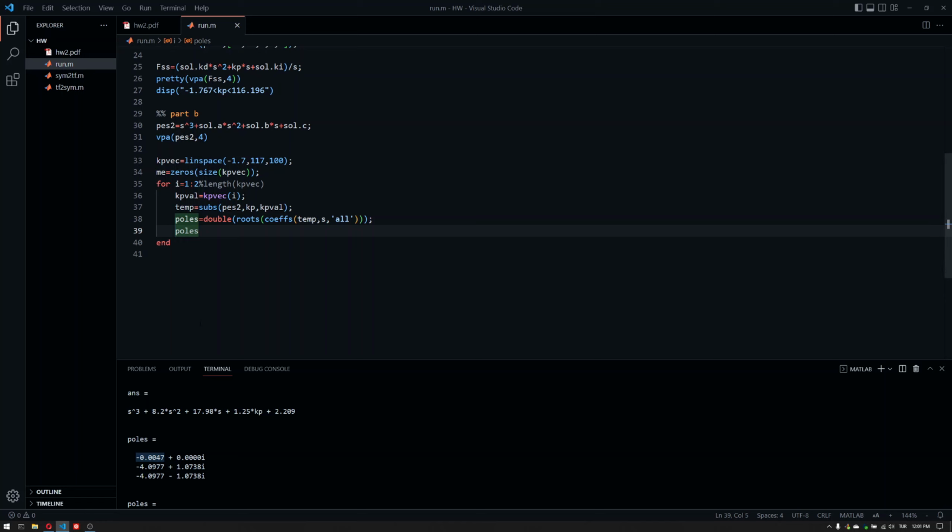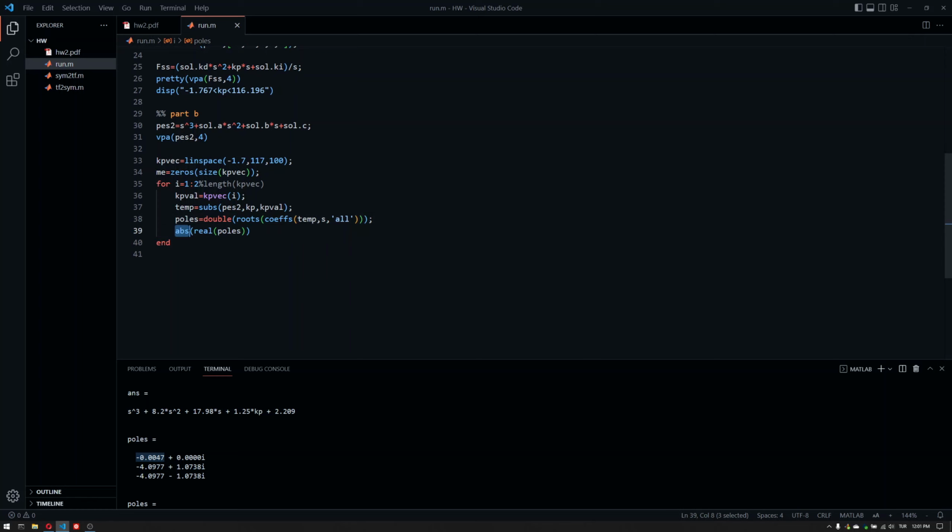We are actually not interested in the poles themselves because the poles can be complex values. We are interested in their real values, because that will define our distance on the real axis, and we are looking at the distance from the origin on the real axis. So it should be a real value here. And once we have the real value, we can get rid of the negative sign using the absolute value.